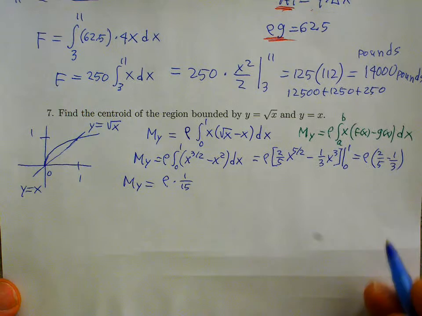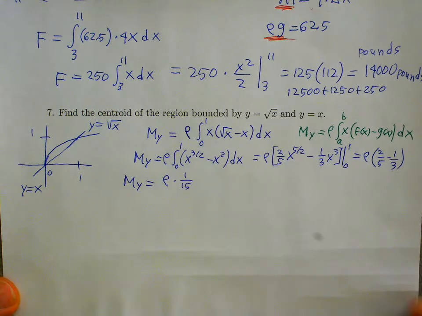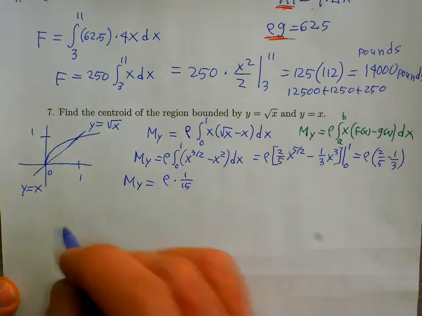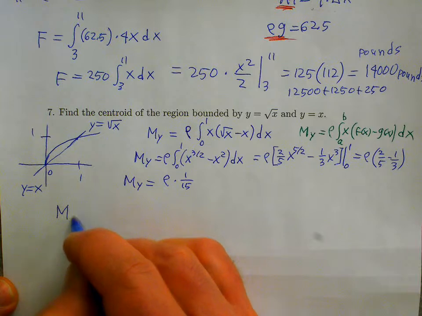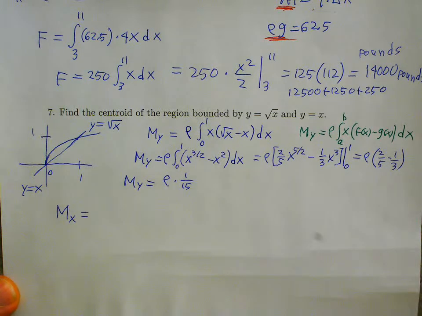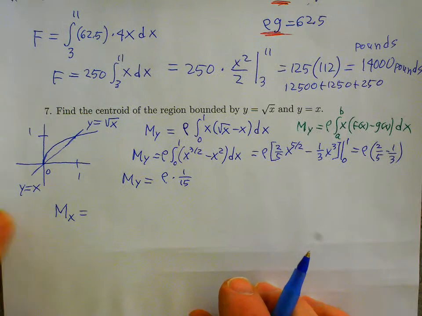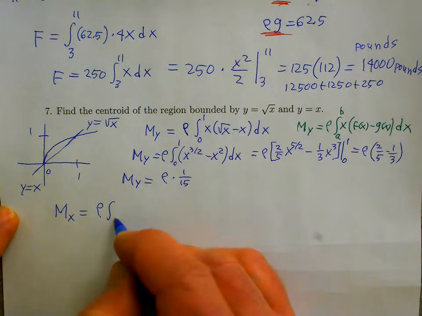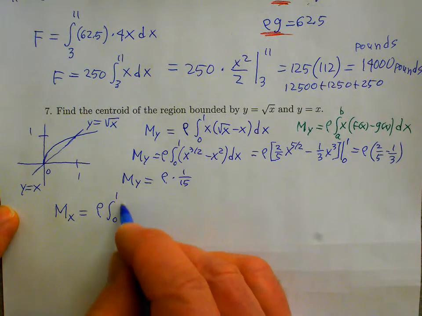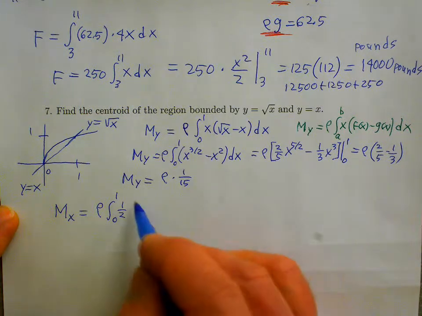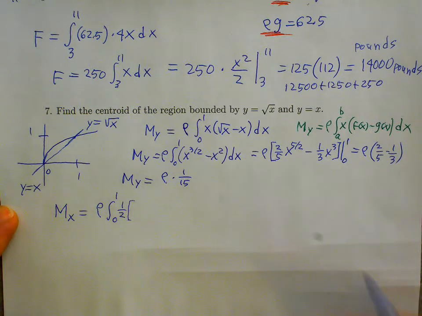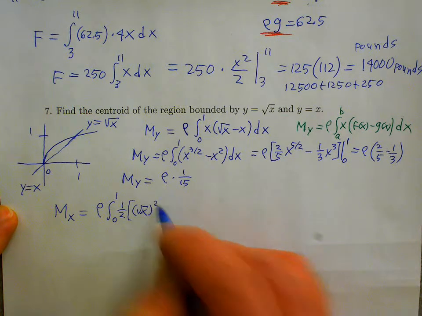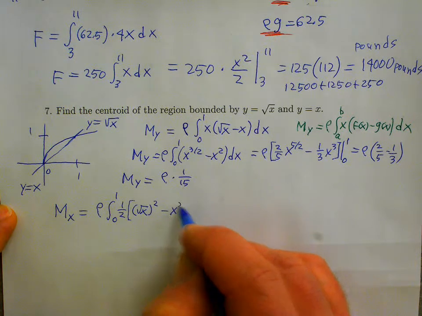Okay, then the moment of the region about the x-axis. This is rho times the definite integral from 0 to 1 of 1/2 times the quantity, the square root of x squared minus x squared.